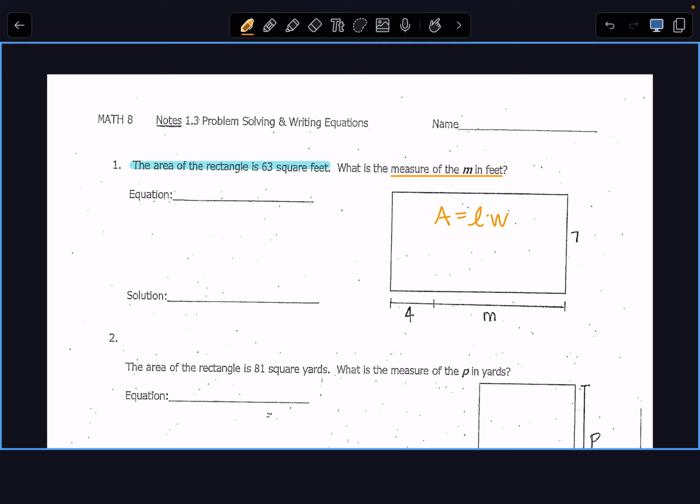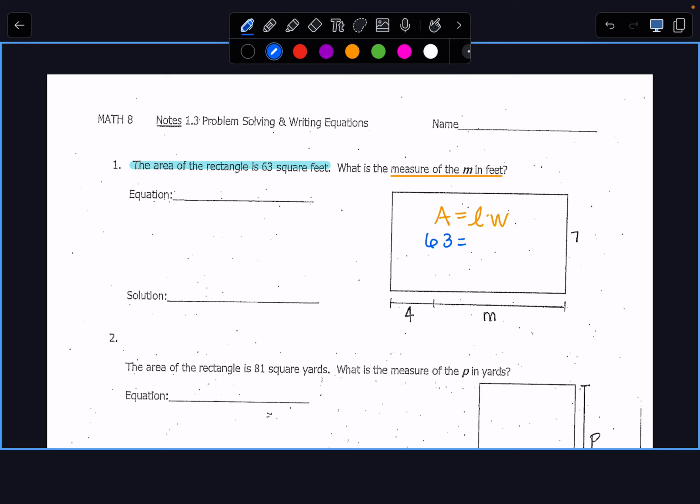So what we're going to do is figure out what's the area, what's the length, what's the width. So we know that our area is 63, correct? Now, Matthew said we need to multiply the two sides together. So length times width, those are our two sides.